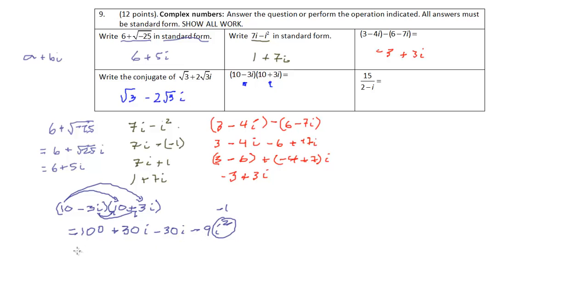So we have 100 plus 9. And because they're conjugates, the outside and inside products cancel each other out, and we're just left with a real number, 109.